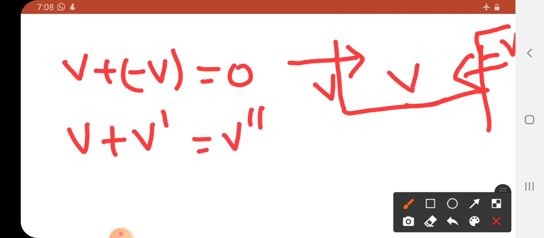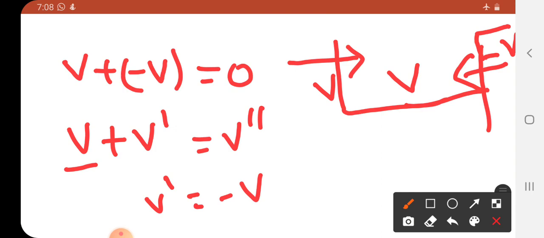V double dash is the refracted voltage, V is the incident voltage and V dash is the reflected voltage. Here, what is the reflected voltage? V dash is equal to minus V. Is it right?